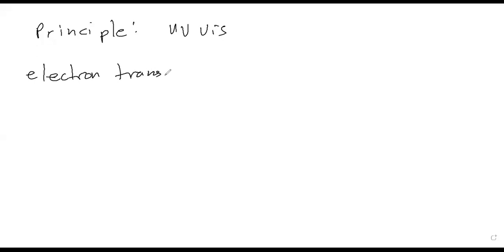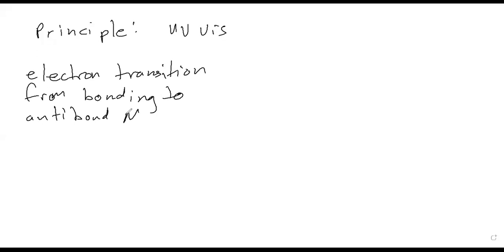The principle of UV-vis. If they ask about the principle on which UV-vis is based, it's in terms of electrons, in one sentence: electron transition from bonding to antibonding molecular orbital.